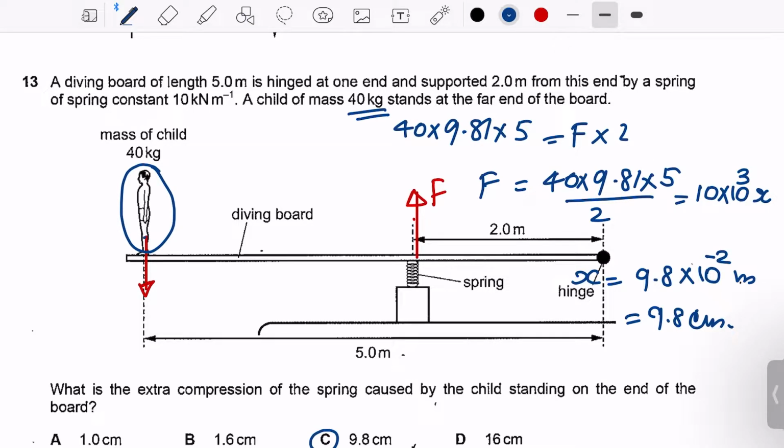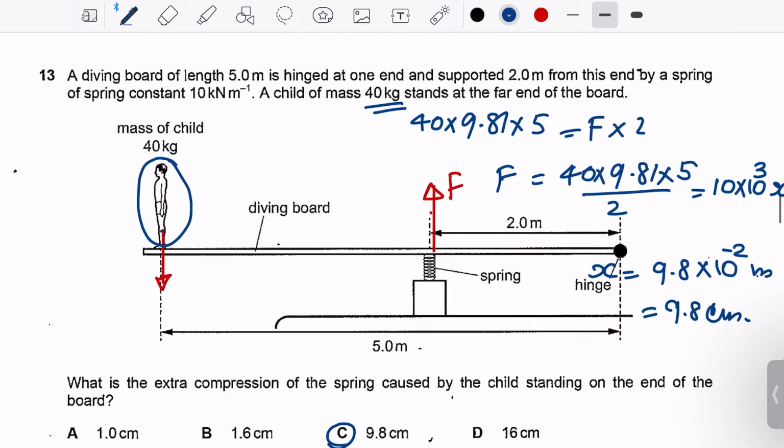At that time there will be a hinge force here because of this boy, let's say S1, and there's a force on the spring, F, and the weight of the boy, 40 times 9.81 Newton, acts on the board. These are the three extra forces without considering the weight of the plank.